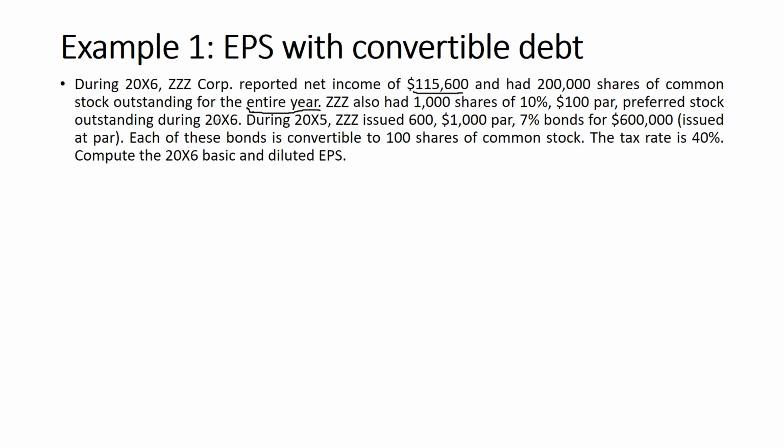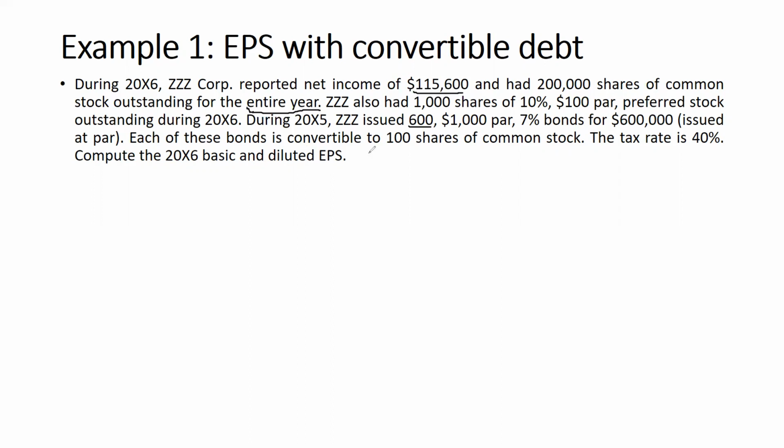During 2005, Triple Z issued 600 $1,000 par, 7% bonds at par for $600,000 in total. So 600 bonds were issued at $1,000. In total, they raised $600,000. The coupon payment on it is 7%.